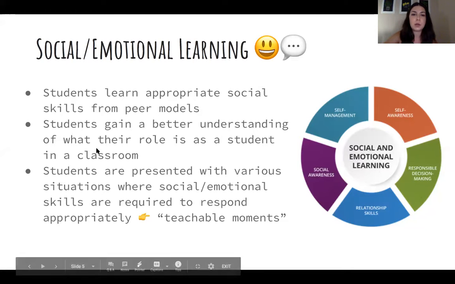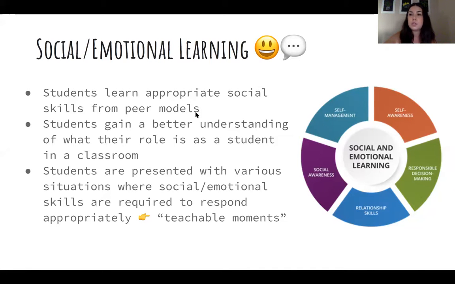My 3 points are, first, that students learn appropriate social skills from peer models. It's pretty clear that a lot of our students with significant needs lack those skills, and so we teach them. But it's not very appropriate when it is simply adults teaching them and there's role playing, when they don't have their peers to help teach them those skills, just as typical students would.